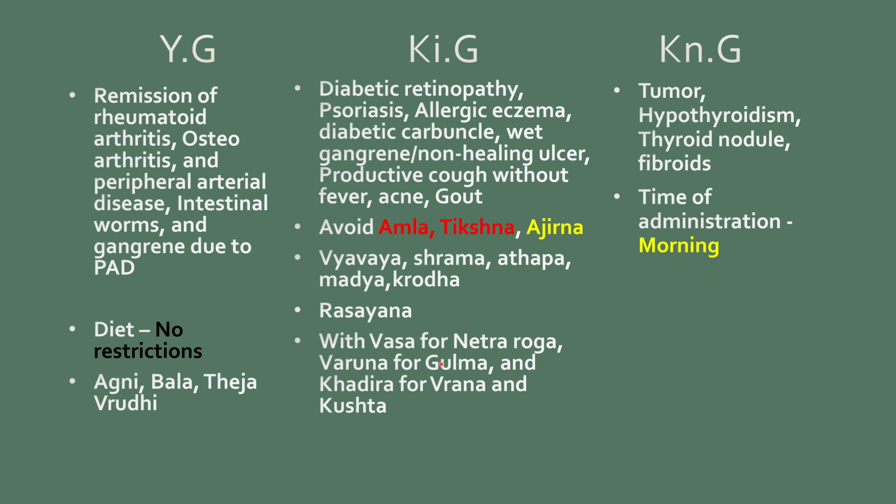I told in the first session itself, in some cases where Pitta predominance is there, Kapha association, and Vata is mildly associated, then also we can use Kaishora Guggulu, where we have to modify the Anusevya or the Anupana. Here Varuna is the Kvatha which is mentioned. And Khadira for Vrana and Kushta. So Kapha Pitta or Pitta Kapha, right? So for Vrana, Khadira Sara we can use.